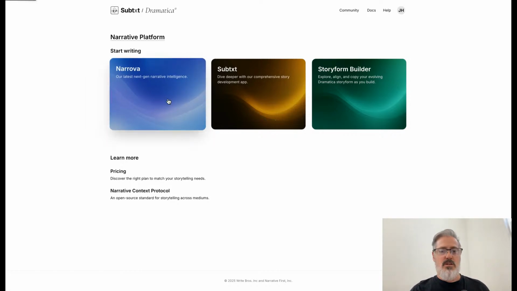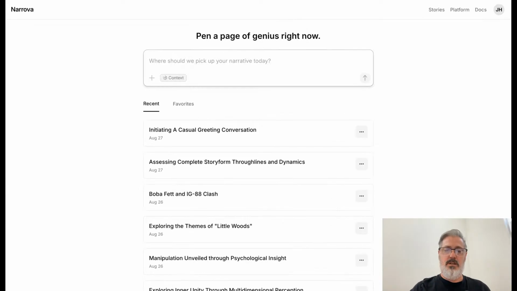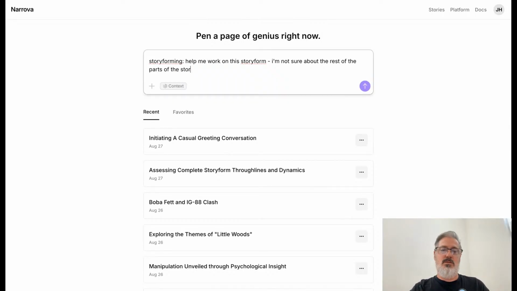And then if I go into Narova and make this a little bigger so you can see it, I just say, story forming, help me work on this story form. I'm not sure about the rest of the parts of the story form yet.